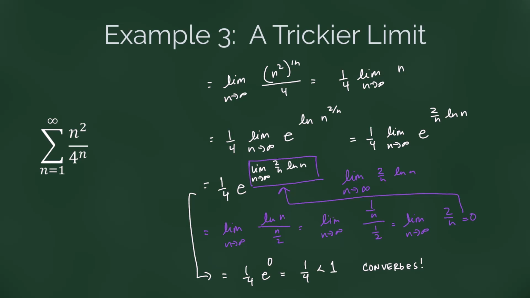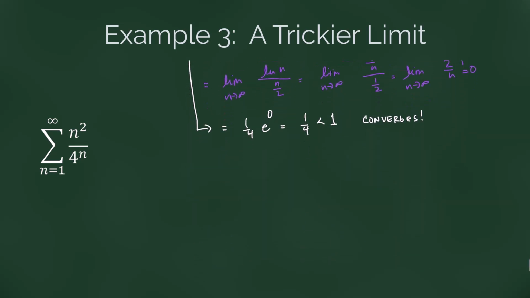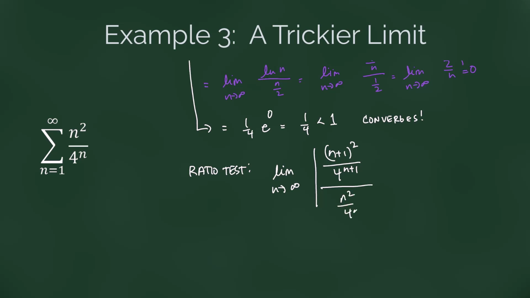Now, you may be thinking to yourself, that feels like it might have been easier with the ratio test. I think you're not wrong. Let's look at this with the ratio test. In that case, we're going to take the limit as n goes to infinity of the absolute value of the n plus first term, n plus 1 squared over 4 to the n plus 1, over the nth term, n squared over 4 to the n.